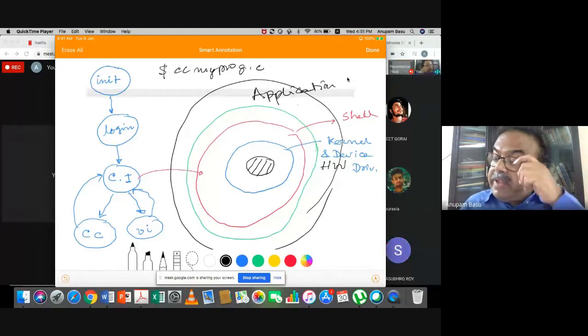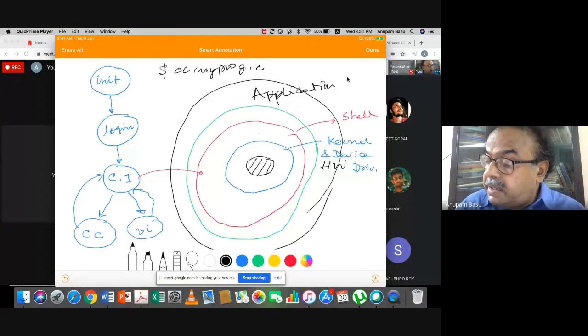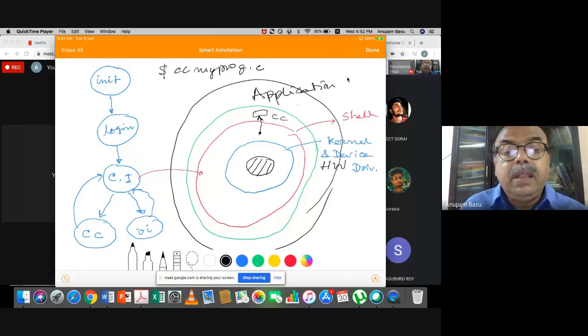When I gave that command from the command interpreter, it should call the cc. And where is that C compiler? Inside which layer? The green layer. So the command interpreter should call the cc, which is here, and the cc should start running. Am I clear?